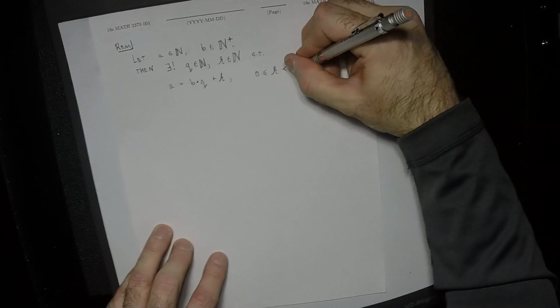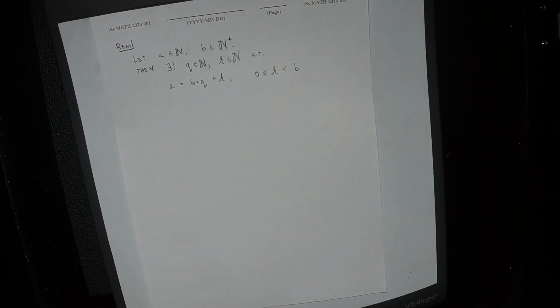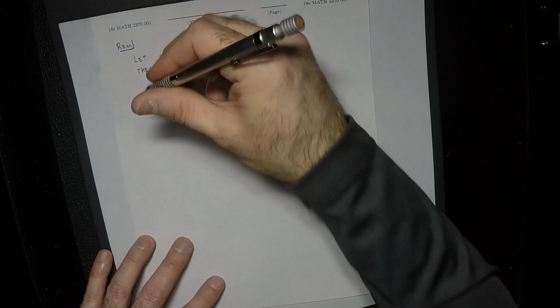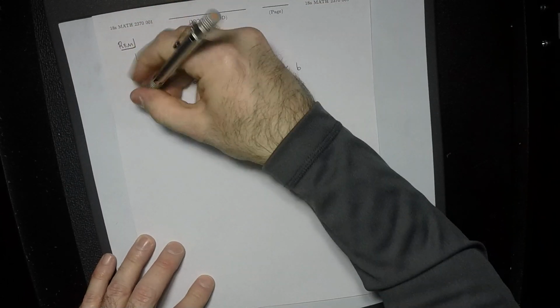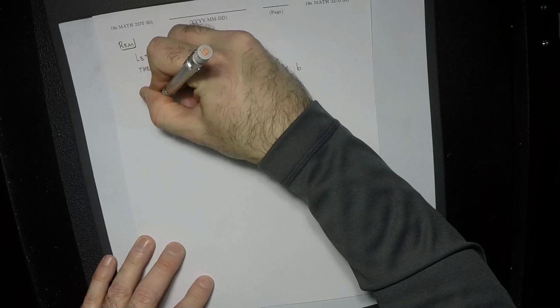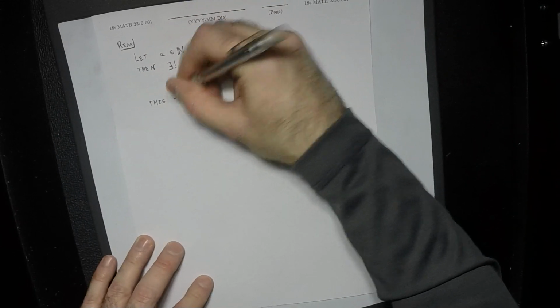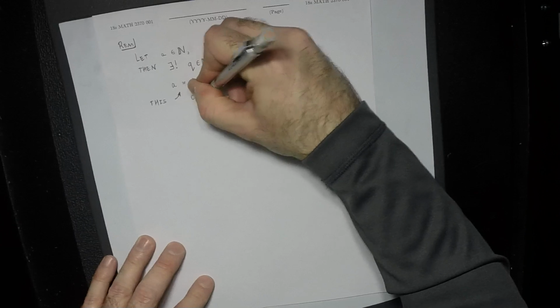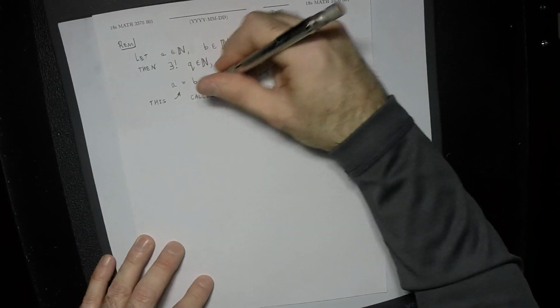B. It's going to be less than B. Okay, so this is called a Euclidean division.